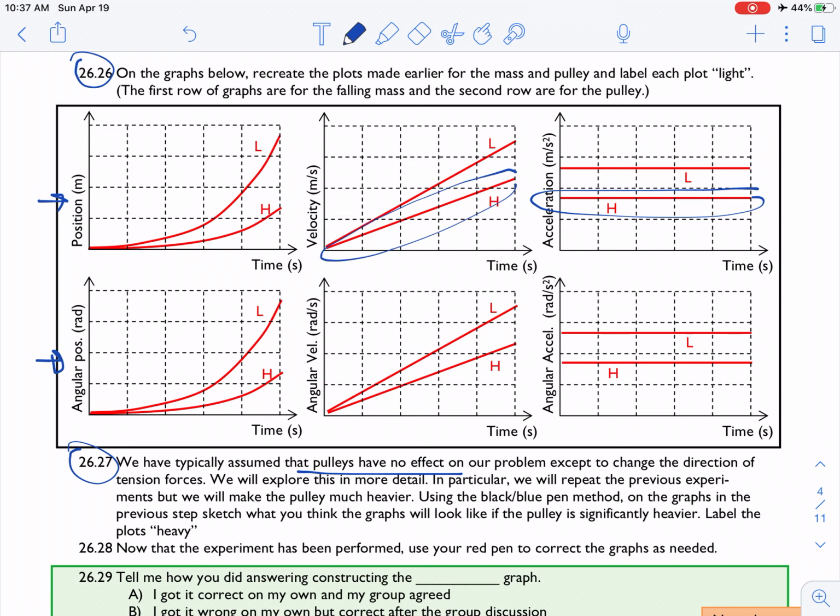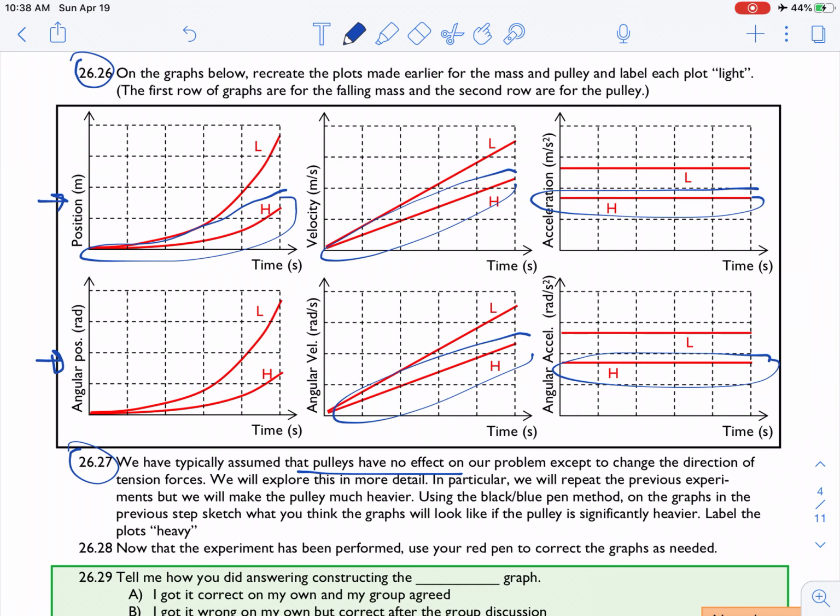and you can see that from the velocity case. And these are all about the hanging mass. Okay, this is the velocity of the hanging mass, and the position again is going to be less, so it's not going to go as far for the same time interval. And in terms of the pulley, again, we have similar cases. Angular acceleration this time is going to be less.